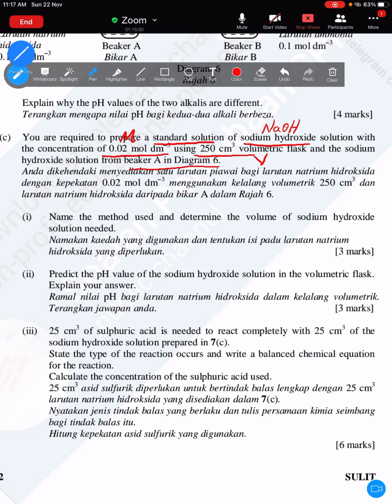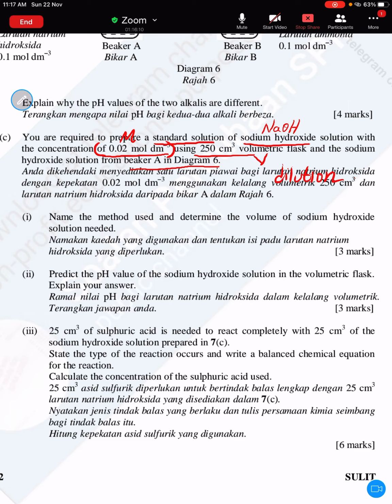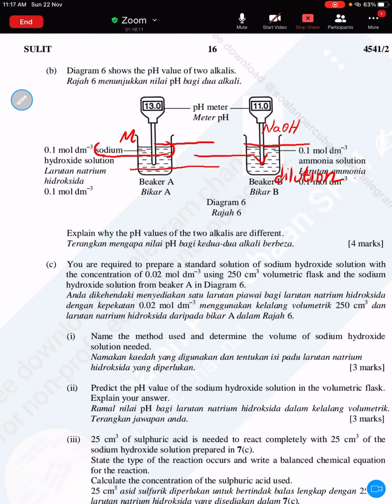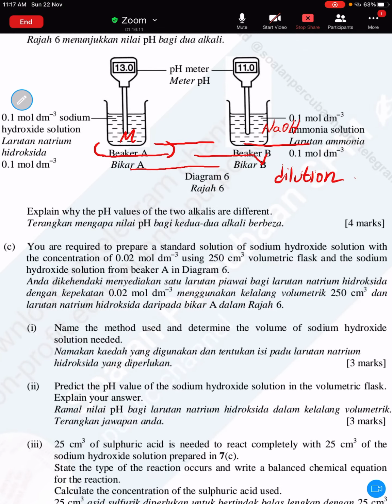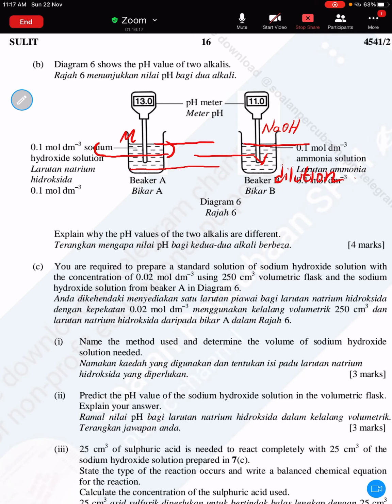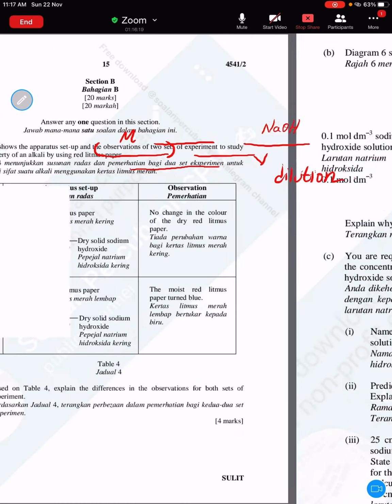Oh, okay. You need to do this concentration first. Then you need to do a dilution. Because of what? Guys, if you look at beaker A, it is 0.1 molar.